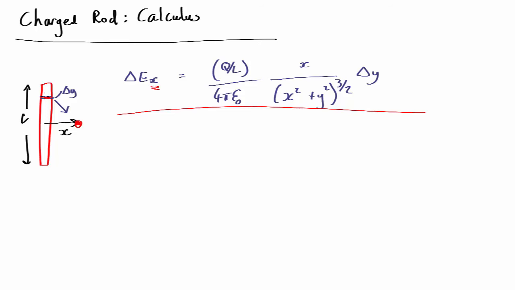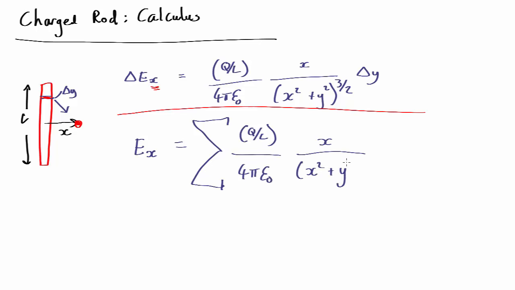So if we want to add them all up, the way we write it is that the total x component is equal to the sum, which is written with the big Greek letter sigma, of all this. So what we're doing is we're summing over y from the bottom to the top, so from minus L over 2 to plus L over 2.